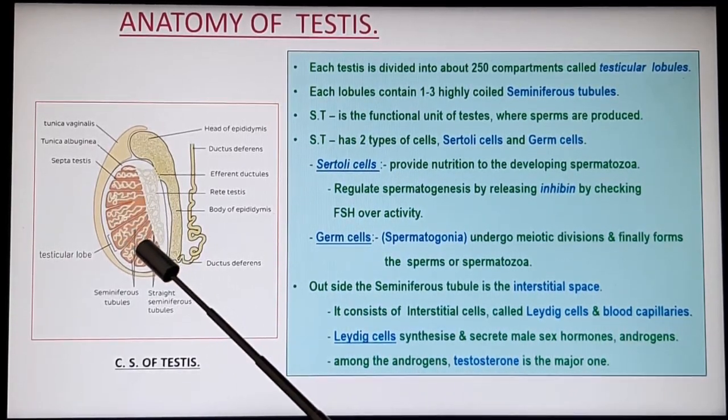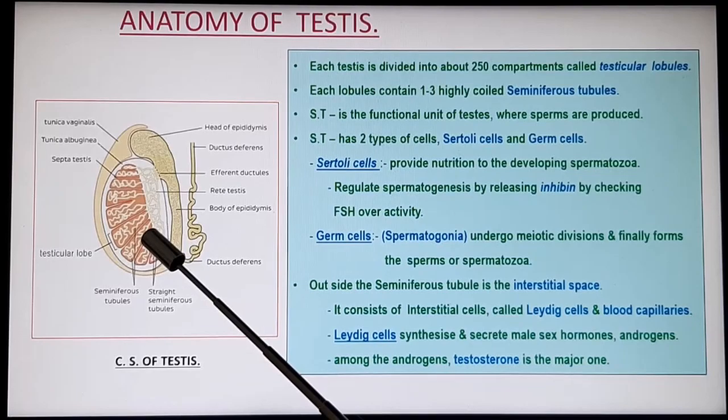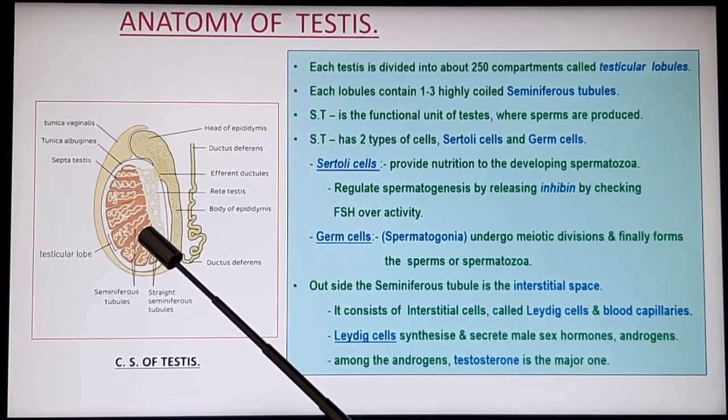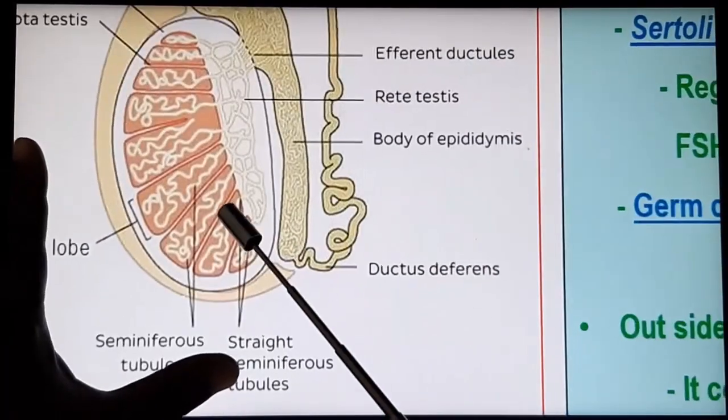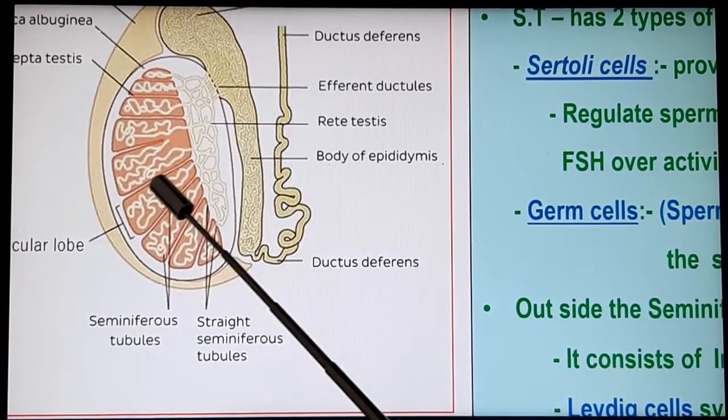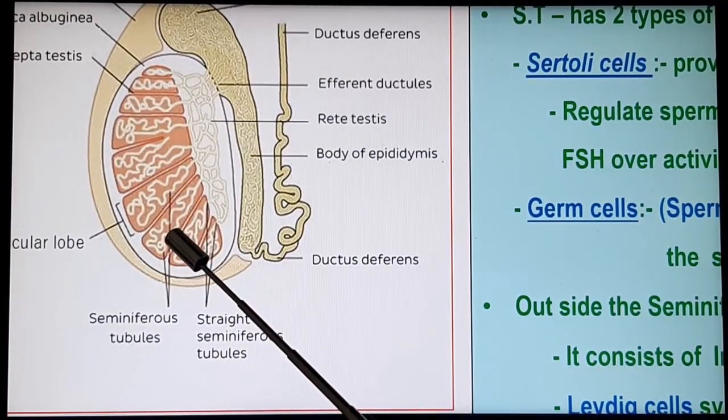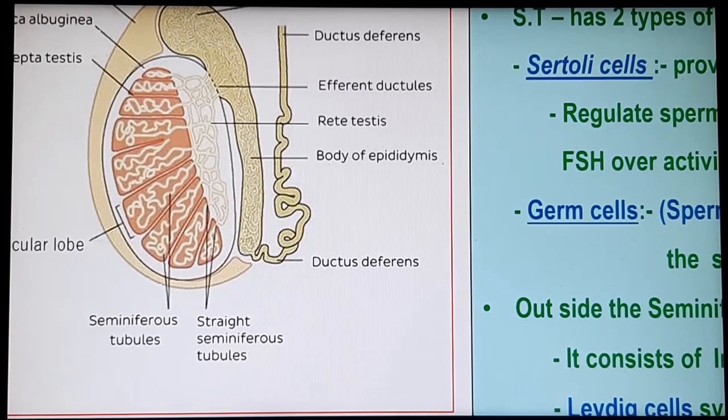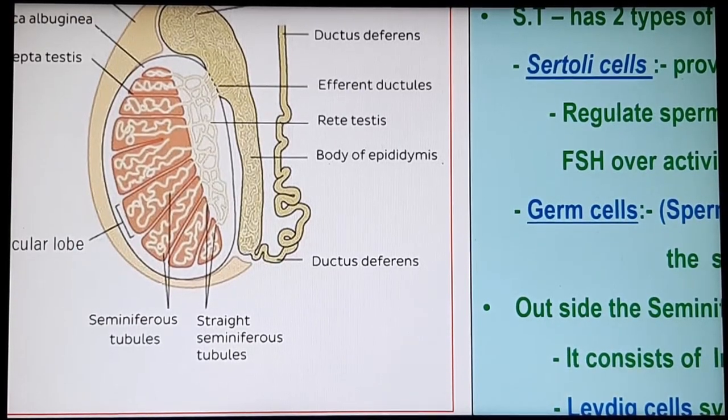Now let us see the testicular lobules once again. I told you that there are about 250 compartments, and each consists of highly coiled tubules called seminiferous tubules.